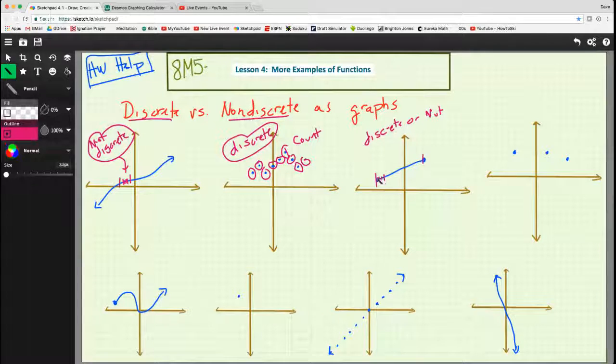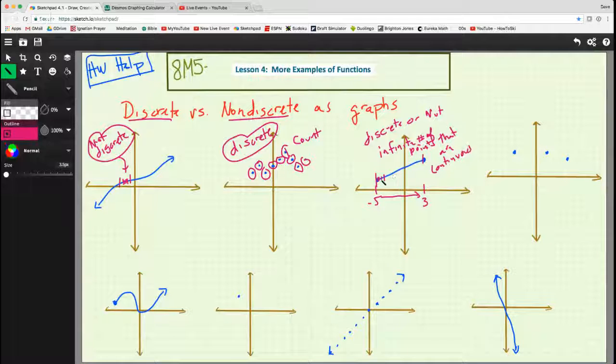So even though I have a range in my inputs that only go from here to here, say -5 to 3 or whatever, I have an infinite number of points that are continuous.